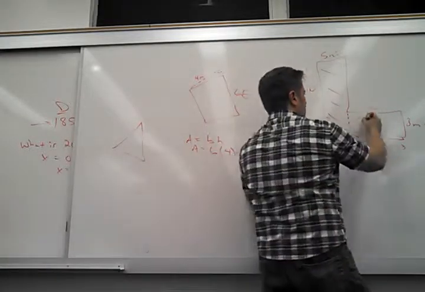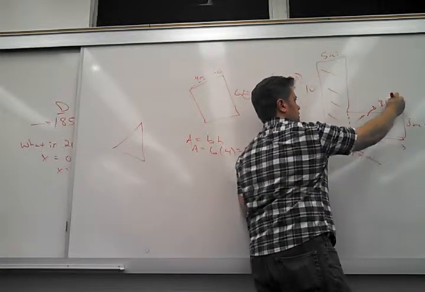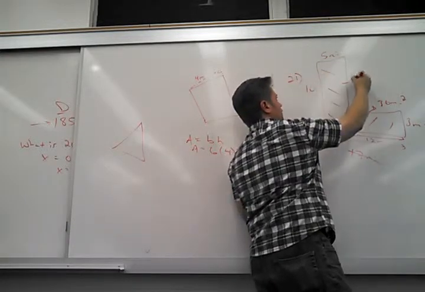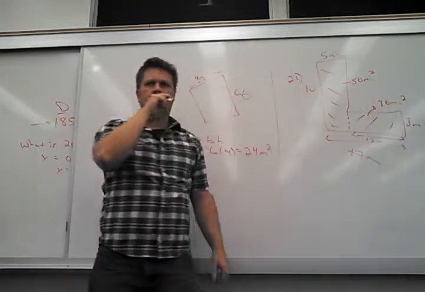So now you just got to do this rectangle, which would be 36 square miles, and this would be 50 square miles. So the total would be 86.